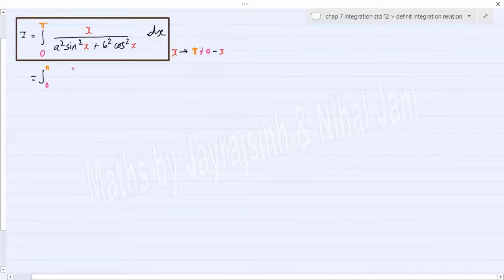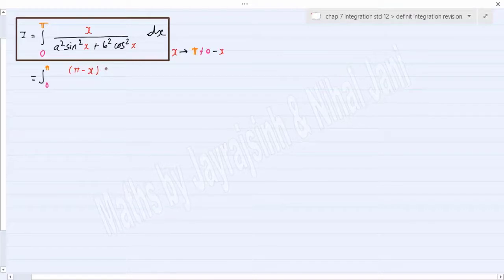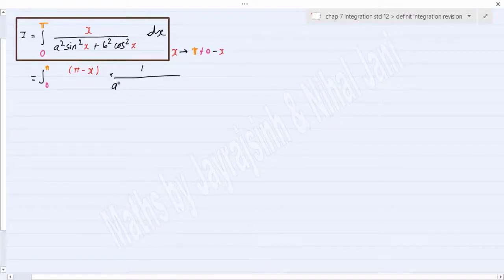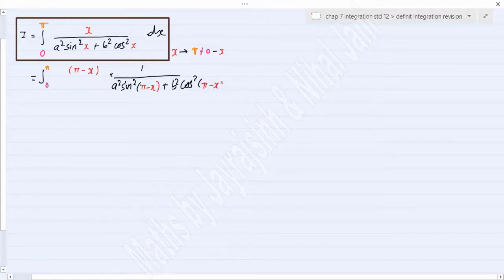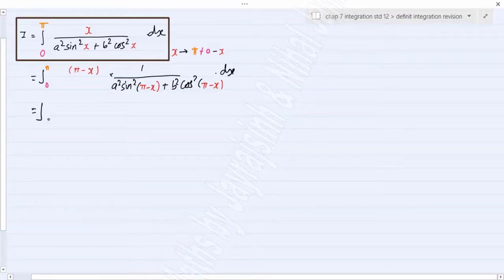Instead of x, we have to place pi minus x into 1 upon a square sine square pi minus x plus b square cos square pi minus x dx. Okay, so the integration is from 0 to pi.